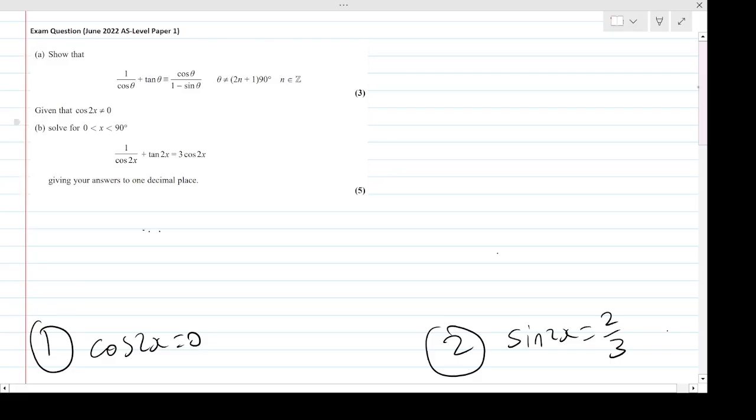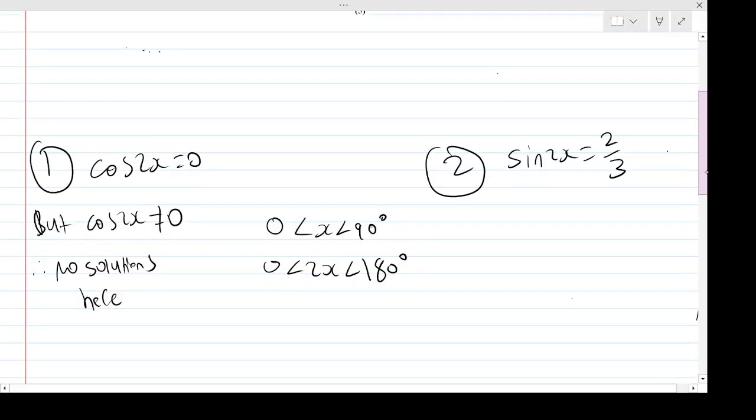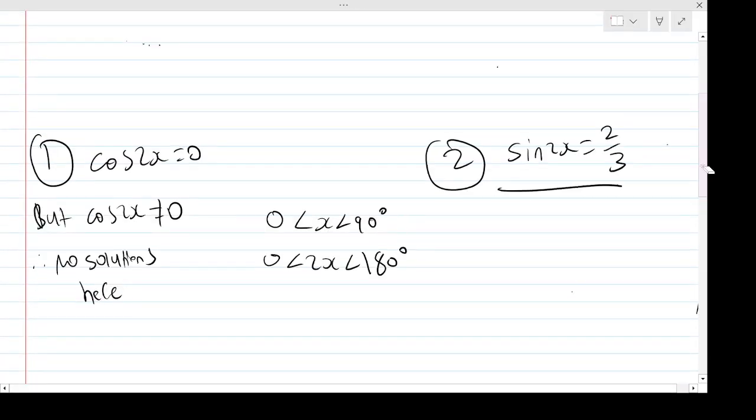So that's why the question has told us it can't be 0. They've not got that out of nowhere. So again, you must pay attention and read the question carefully. In this case, we don't need to solve this. There are no solutions coming from this equation. But we can solve this other equation.